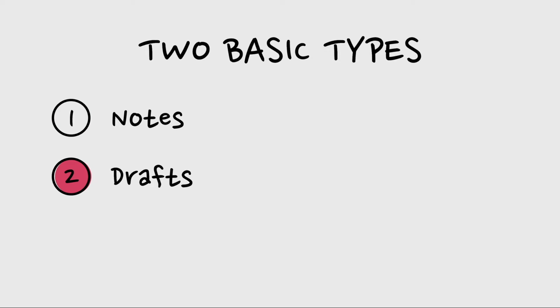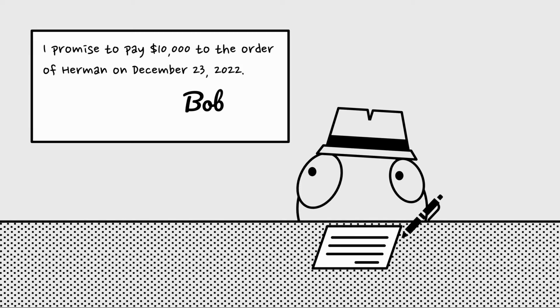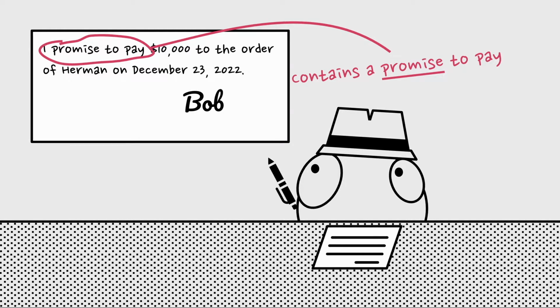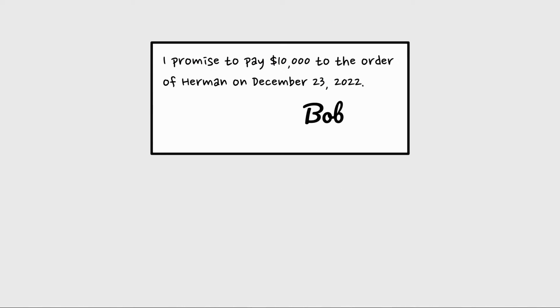So when we talk about a note, what is distinctive about a note is that it is considered to have a promise to pay. A note contains the promise to pay. And when we have a promissory note, we can identify the parties.